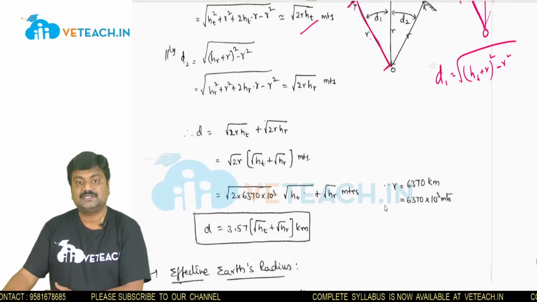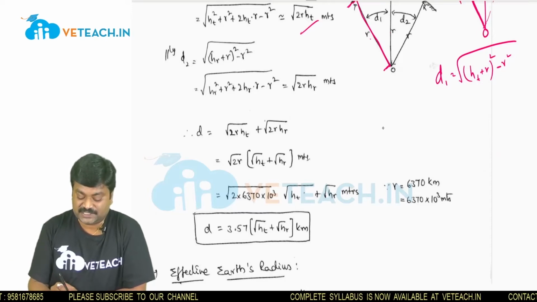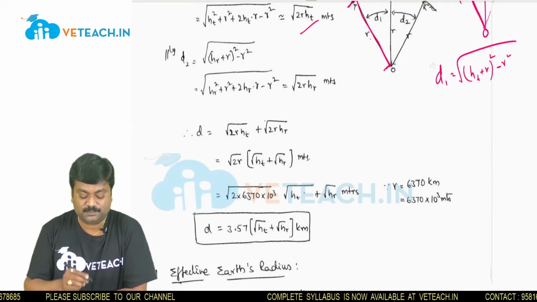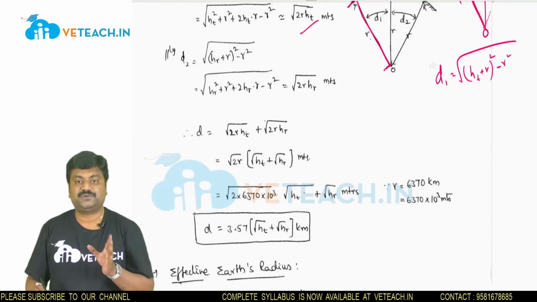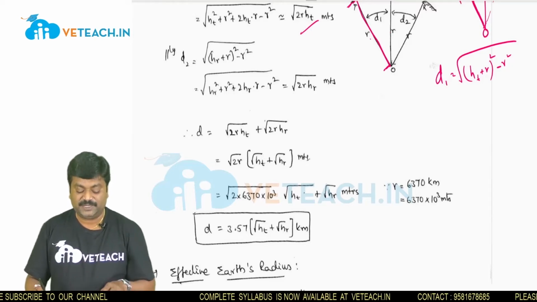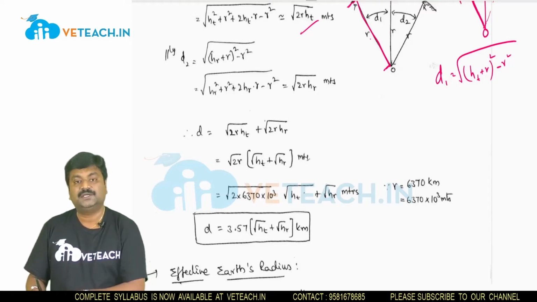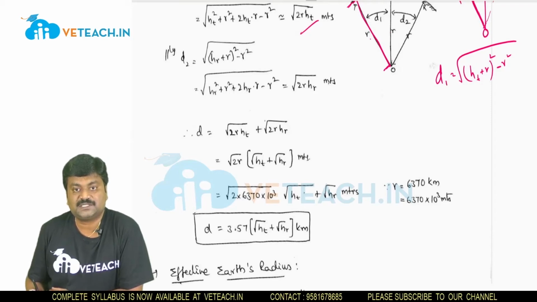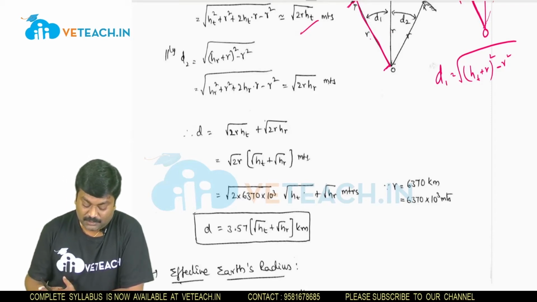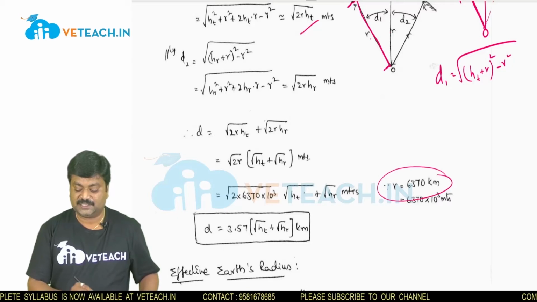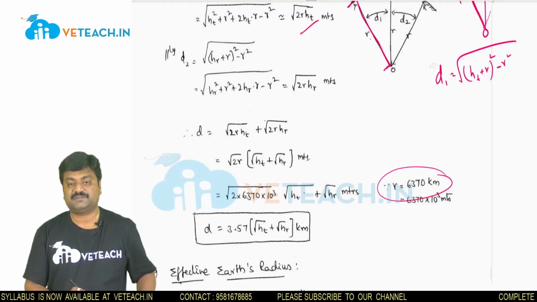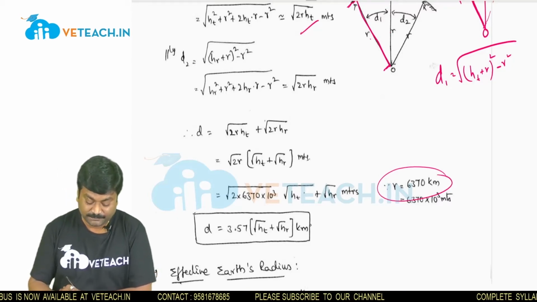As the line of sight distance is d1 plus d2, I am adding both of them. That is square root of 2r ht plus square root of 2r hr, which is equivalent to square root of 2r into (square root of ht plus square root of hr). In simplification, generally we consider the ideal case with 6370 km as the minimum radius.